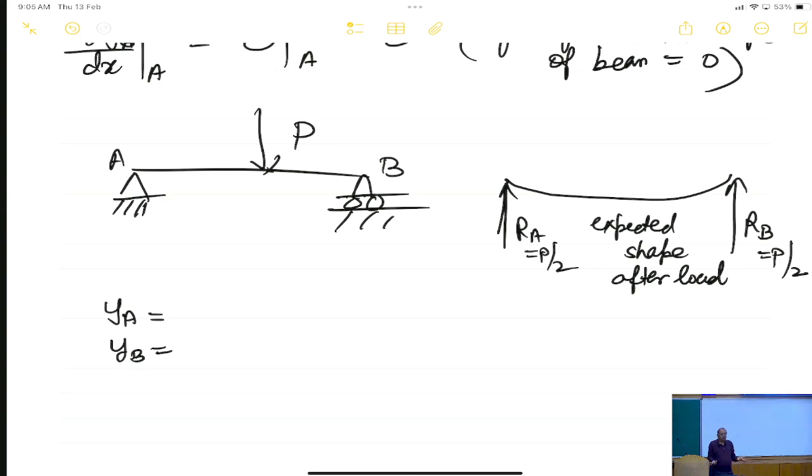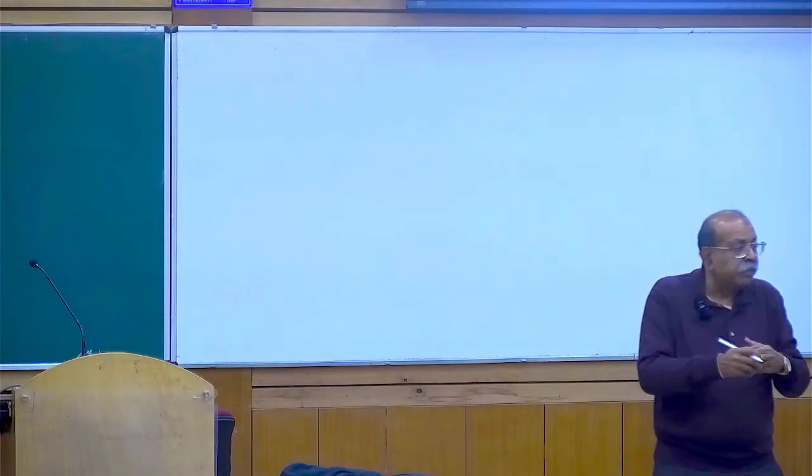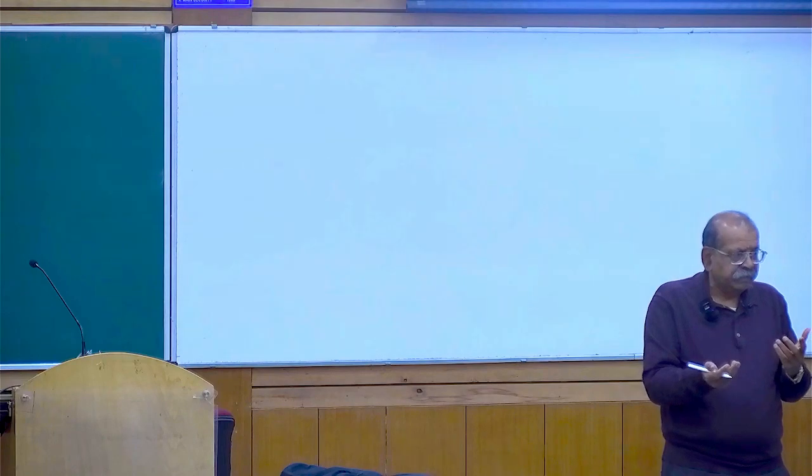They should be 0 because these are fixed ends. If a load is being applied, y of A will be 0, y of B will be equal to 0. You will not be able to get anything on the slope. Slope will be determined by the equations of the beam. So, these are the types of boundary conditions which come in from the geometry. Okay?